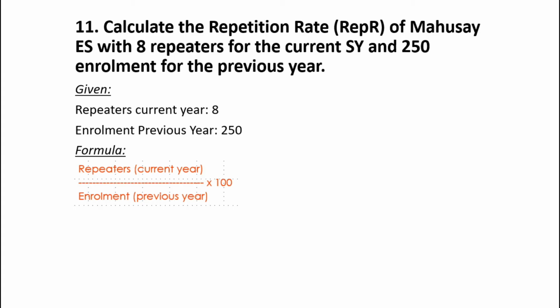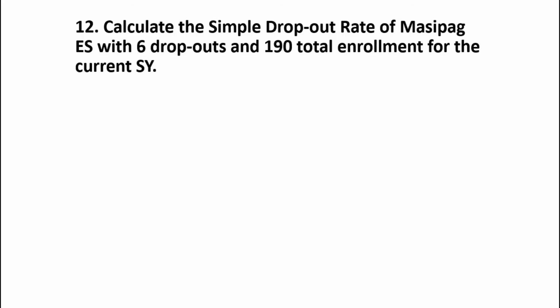So that is, of course, 8 over 250 times 100. So the answer is 3.2%. So medyo malaki, 3.2% yung nagre-repeat all over dun sa 250 enrollment. So let's proceed with the next one.